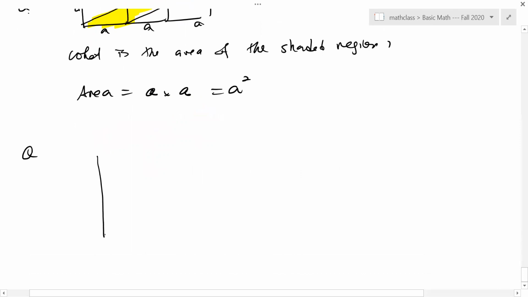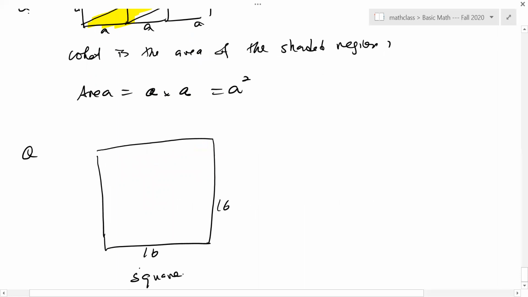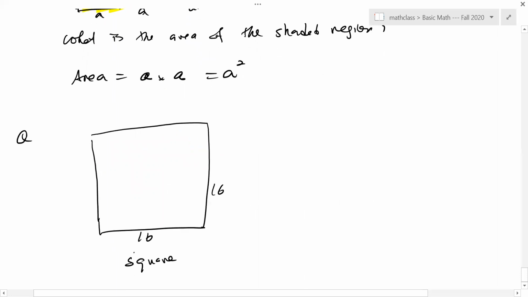Now it's not an easy problem. So I have a square. This is actually in a park, for example, a square, right? It's 16. I'm going to make a diagonal. This one, this one, this one, this one.